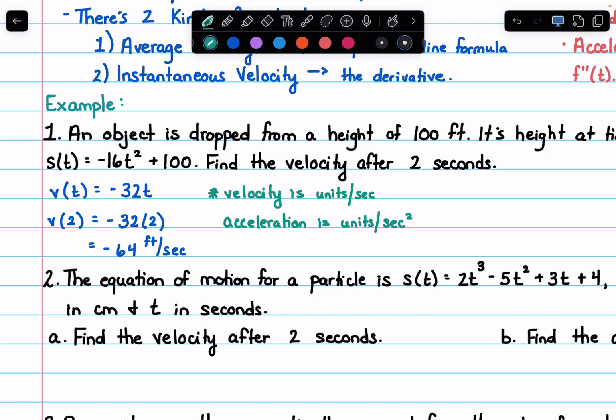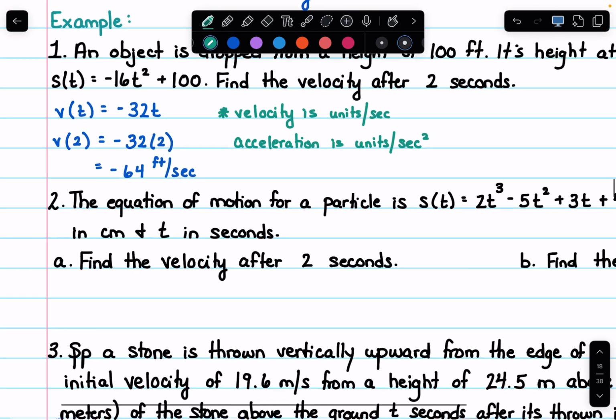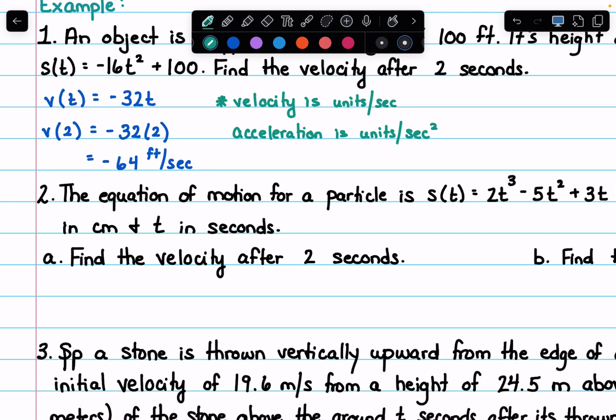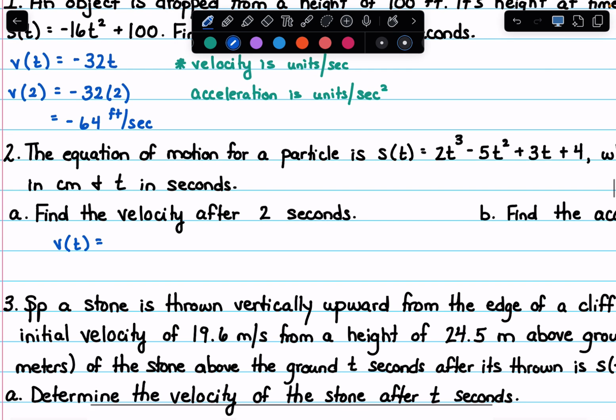Okay, number 2. The equation of motion for a particle is this guy, in centimeters and t in seconds. So I want you to find the velocity after 2 seconds. So we're going to take the derivative and then plug it in. The derivative of that position function is what? 6t squared minus 10t plus 3.